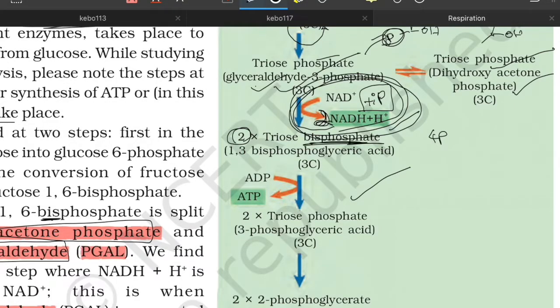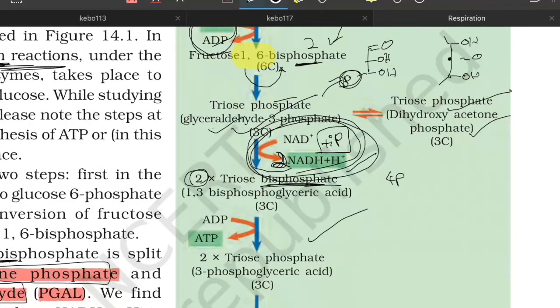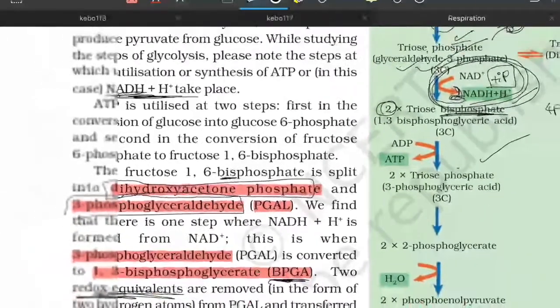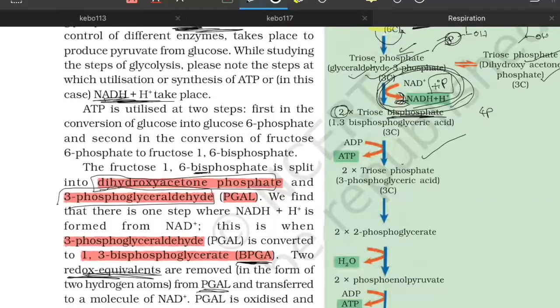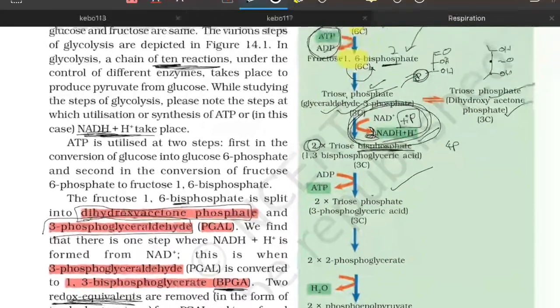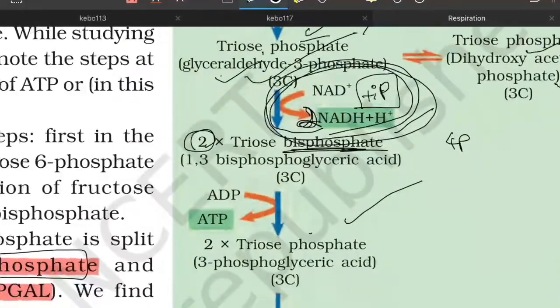From this bisphosphate, we remove one phosphate, so we just get a triose phosphate, just like the earlier one. Triose phosphate here, and triose phosphate there. What is the difference? There it is glyceraldehyde 3-phosphate, here it is phosphoglyceric acid. Phosphoglyceric acid and phosphoglyceraldehyde are different. Here there is an aldehyde group and here there is an acid group.